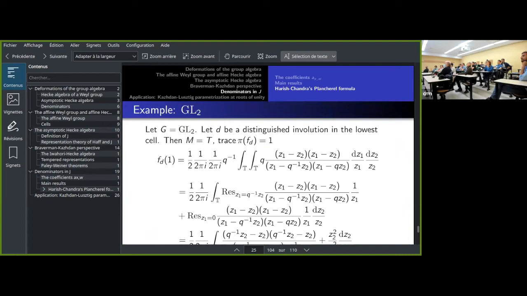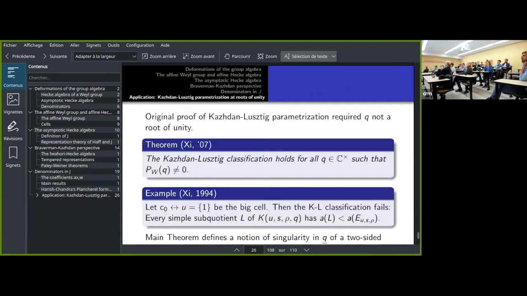And because the traces are regular, the only way you get denominators, period, is from the form of the Plancherel formula for that Levi. So in particular, all the denominators you get only feel the two-sided cell. And so the poles they can have are actually attached not to the element, but to the two-sided cell.